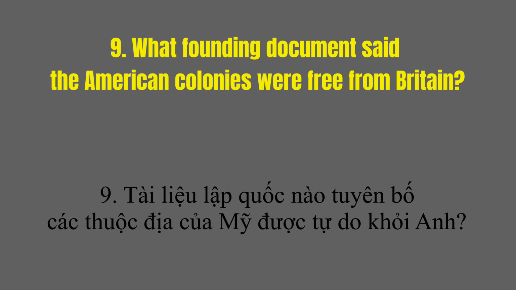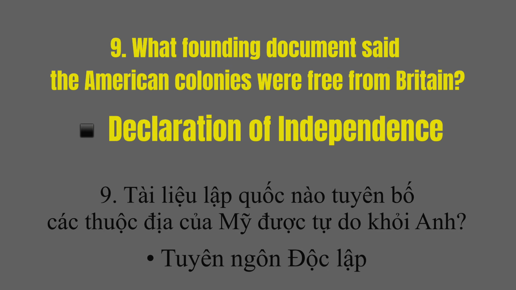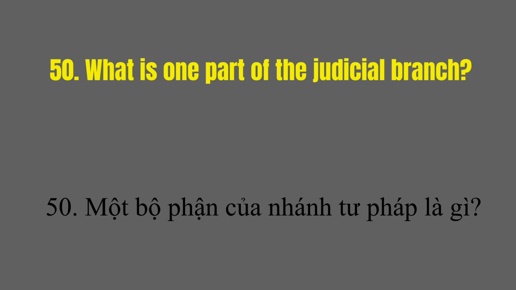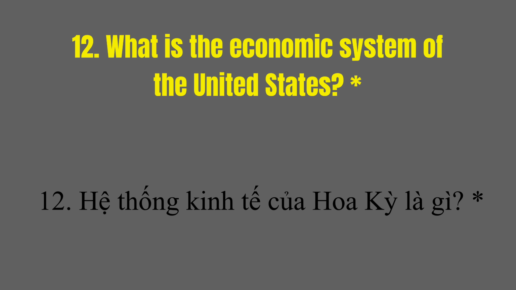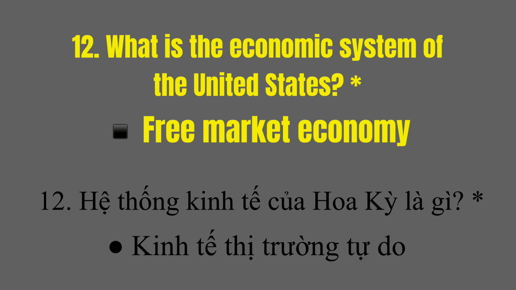Declaration of Independence. What is one part of the judicial branch? Supreme Court. What is the economic system of the United States? Free market economy.